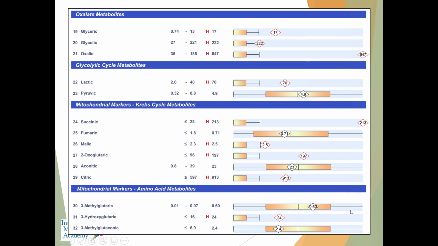But notice that this child's homovanillic acid is not high. And that will happen in some cases. And so I often in practice will use what I call the 80-20 rule. And that is 80% of the time when a Clostridia marker is present, you're going to see an elevation of homovanillic acid.